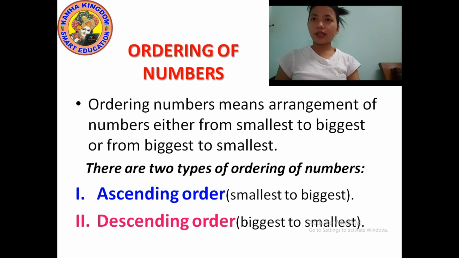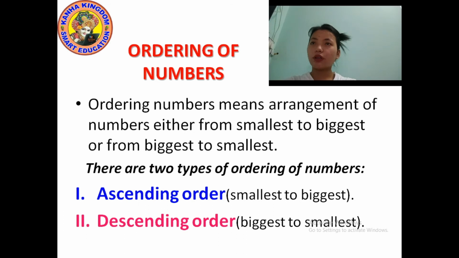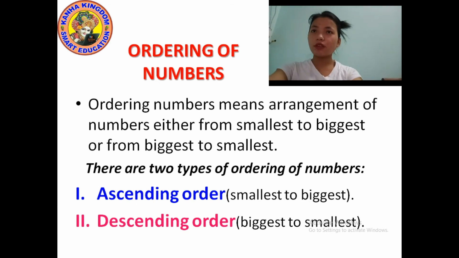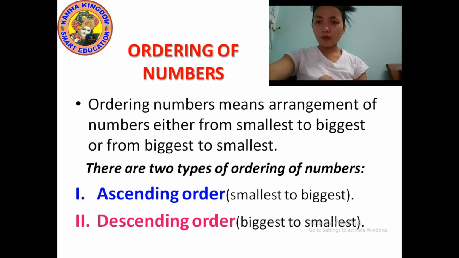Now we are going to learn about ordering of numbers. Ordering numbers means arrangement of numbers, either from smallest to biggest or from biggest to smallest.